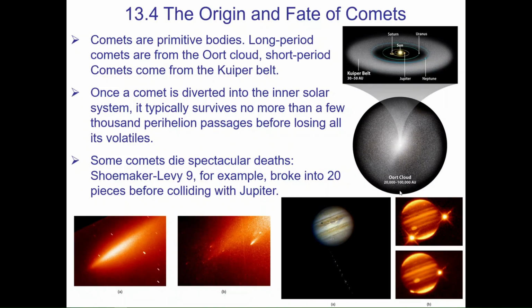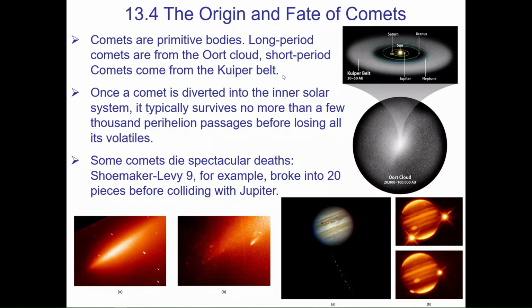Most of those comets, either in the Kuiper belt or the Oort cloud, spend nearly their entire existence there. That means most of them won't go into the inner solar system and orbit around the sun in a very elliptical orbit. They just stay where they used to be.